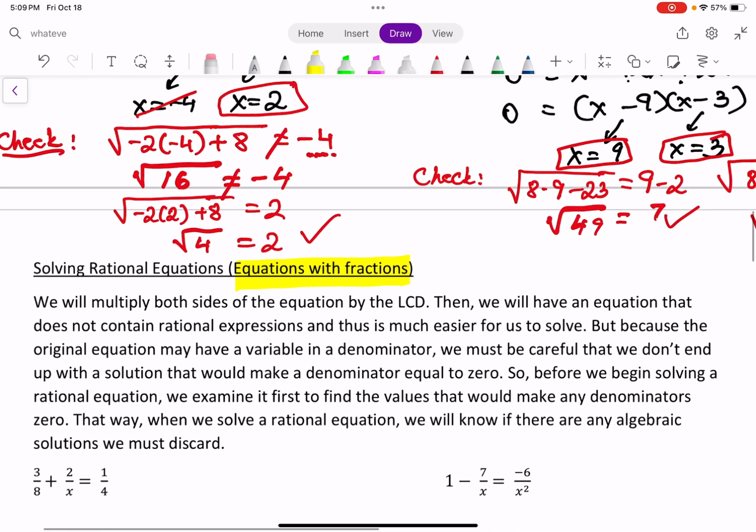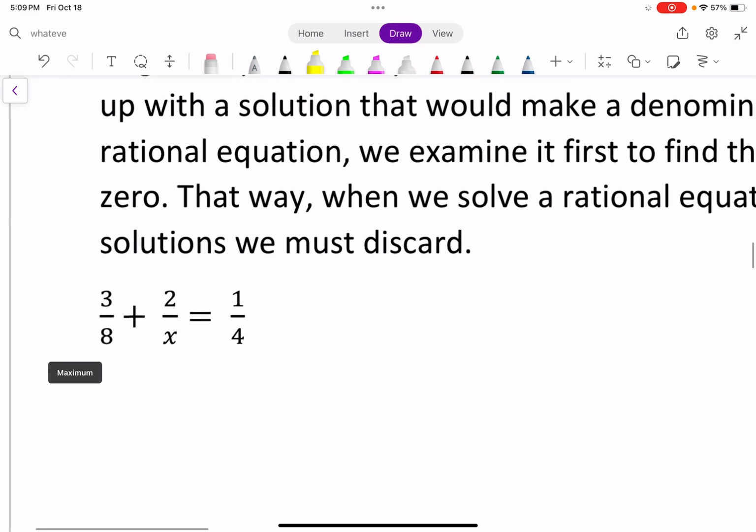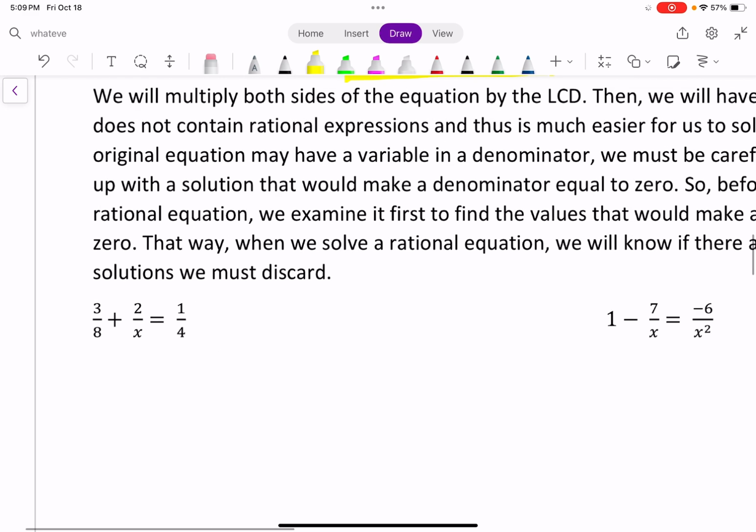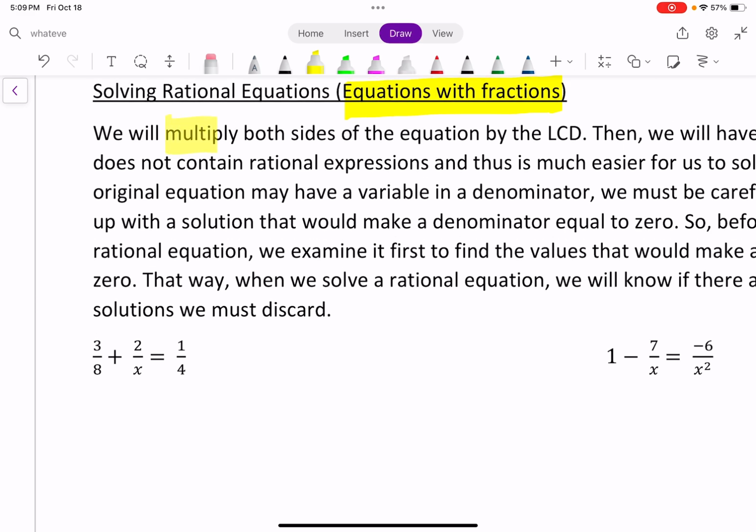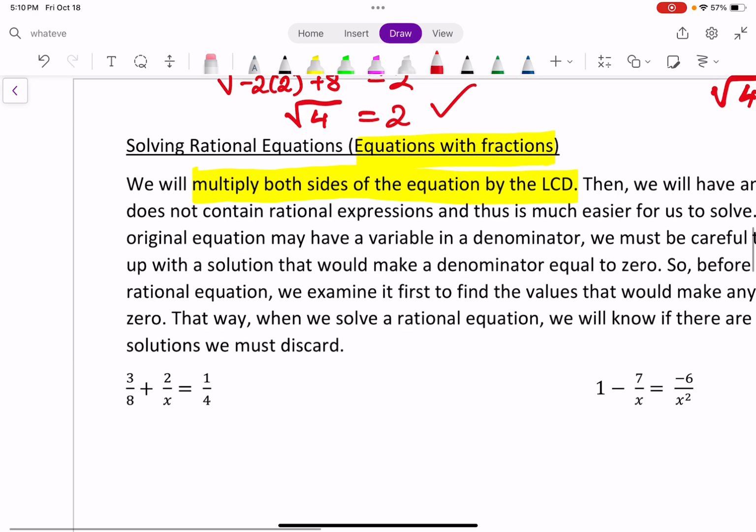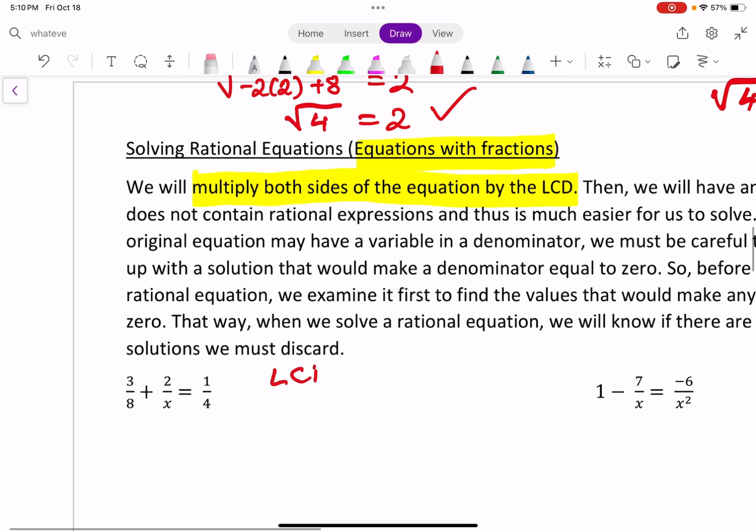To undo a fraction, which is a division problem, you must multiply. So what do we multiply by? We multiply both sides of the equation by the least common denominator of all the fractions involved. So let's see what will be the least common denominator of all the fractions involved.